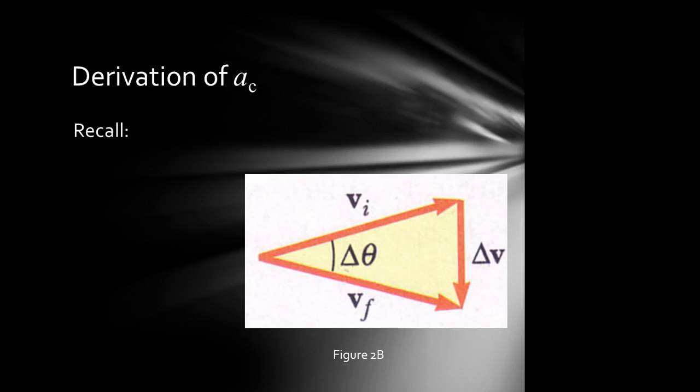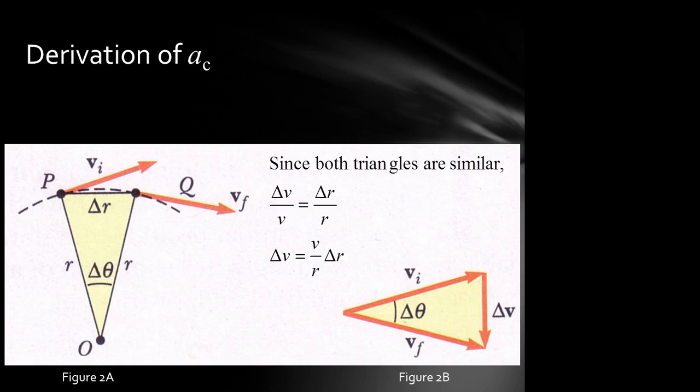When we put these two triangles together, we realize that they are similar triangles because they are both isosceles triangles with the same common center angle, which means the ratio of the side to the short end must be the same for both. So we'll claim that delta V over V must equal delta R over R.